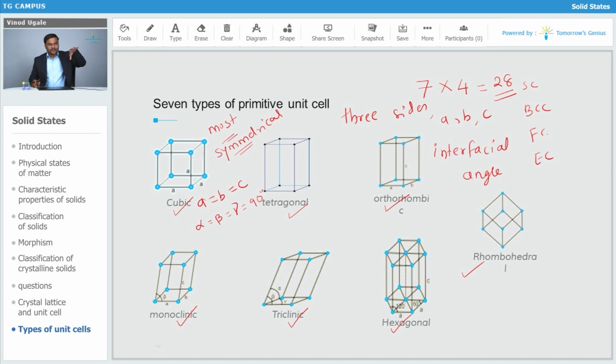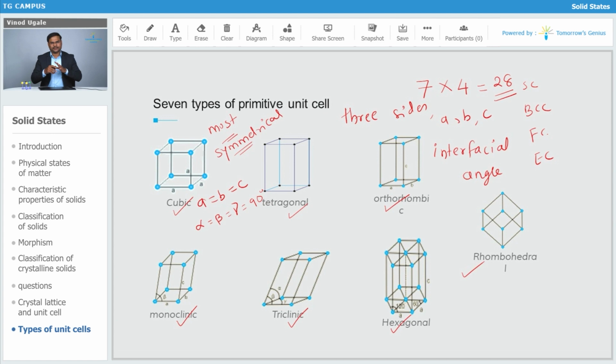So as now we have seen for the cubic crystal system, similarly we will have to go for the tetragonal also, orthorhombic also, monoclinic, triclinic, hexagonal and rhombohedral also. So let's see how to memorize all these parameters, and I will give you one trick to identify the parameters of the given crystal system.